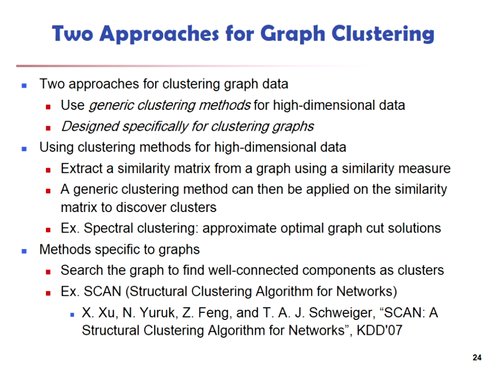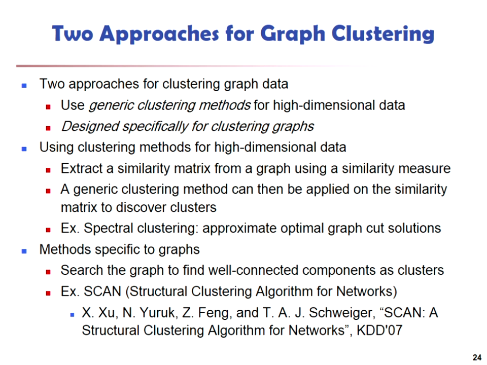The second approach is designed specifically for clustering graphs. So keep in mind that for graph clustering there are two approaches. The first uses generic clustering methods for high-dimensional data, and the second is designed specifically for clustering graphs.